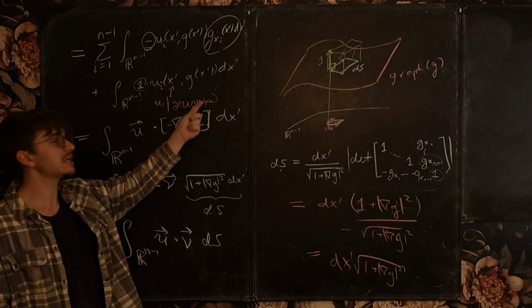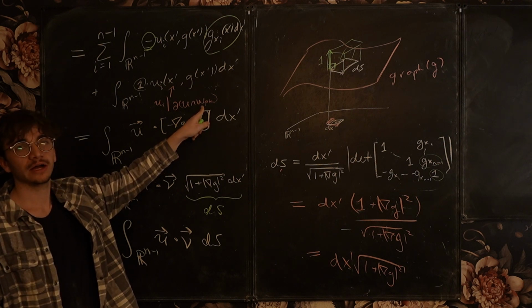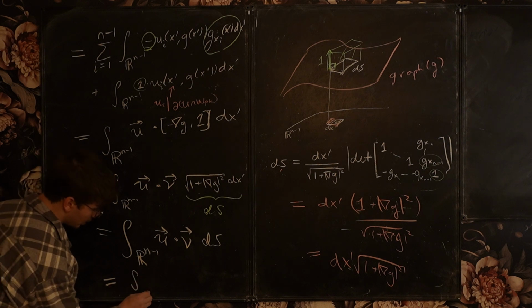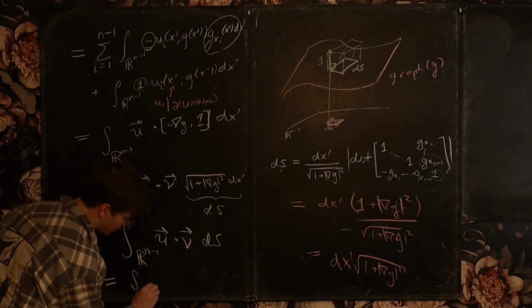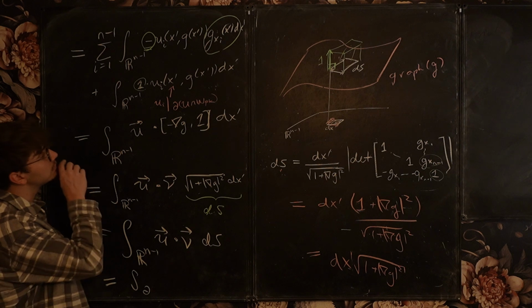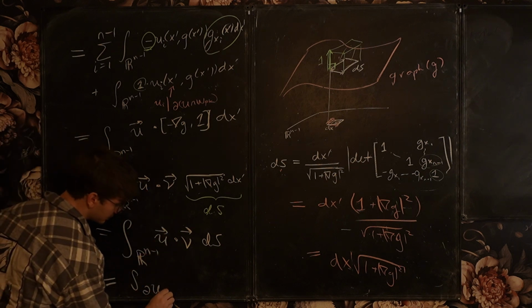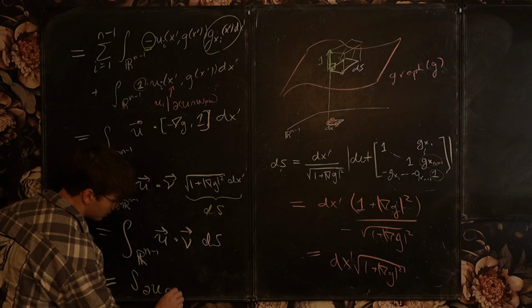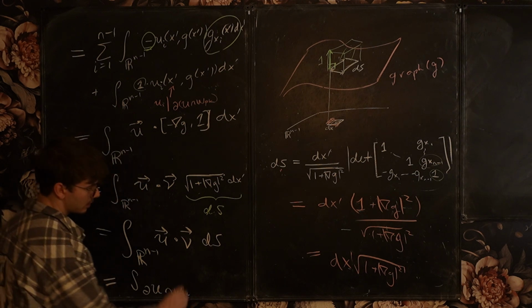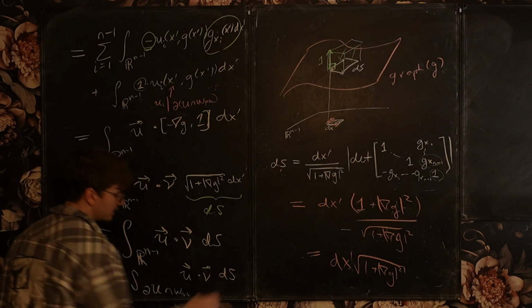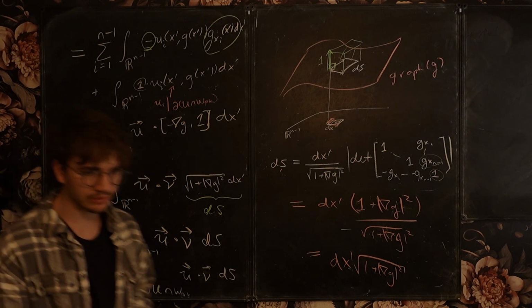Our functions vanish outside of W_PK. All right. So here I'm ending up with the integral over the boundary of U intersect W_PK of u dotted with v dS, okay?